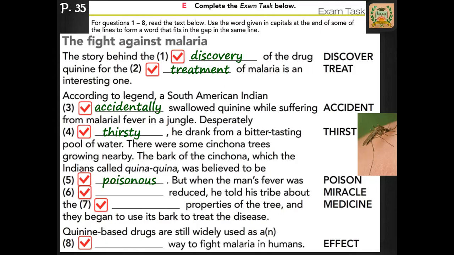But when the man's fever was reduced, miraculously, he told his tribe about the medicinal properties of the tree, and they began to use its bark to treat the disease. Quinine-based drugs are still widely used as an effective way to fight malaria in humans.